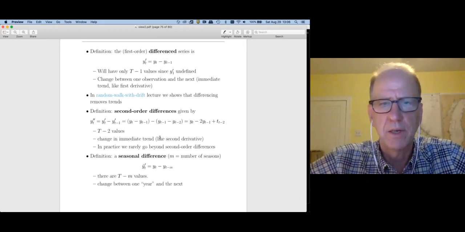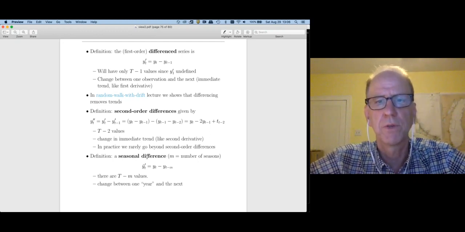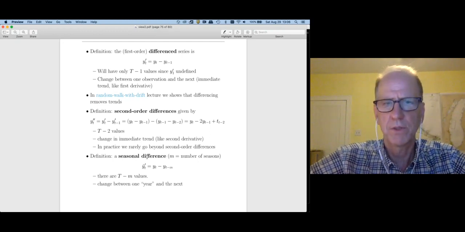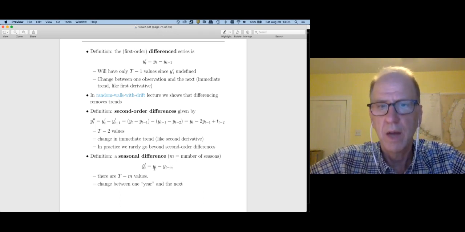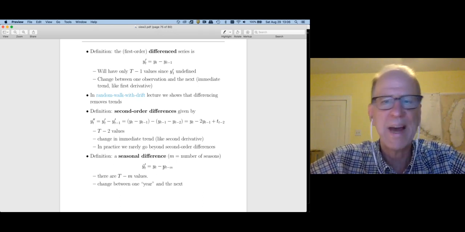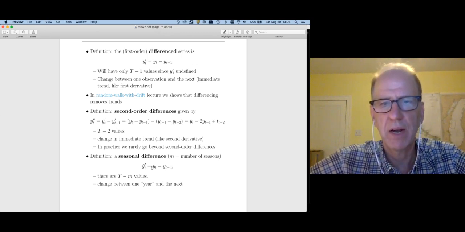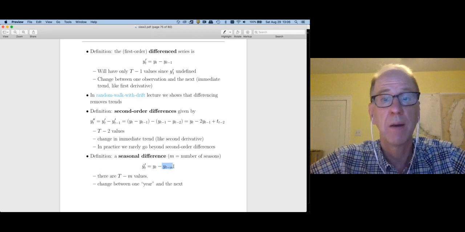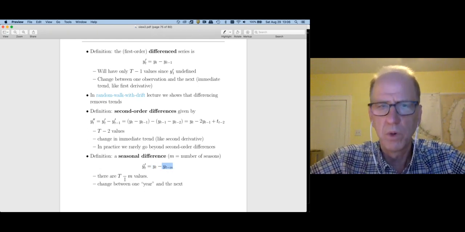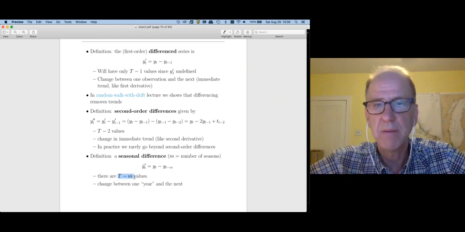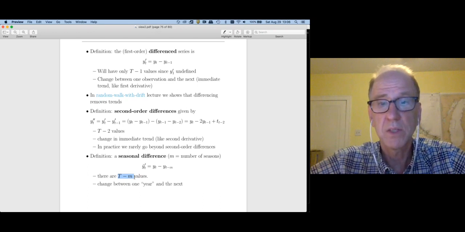The last type of differencing that I want to talk about is called a seasonal difference. The seasonal difference means I subtract the current observation from what happened last year. So this is August: I would take whatever happened this August minus what happened last August to give me the seasonal difference. We're only going to have this for t minus m values, where m is the number of seasons that we have.